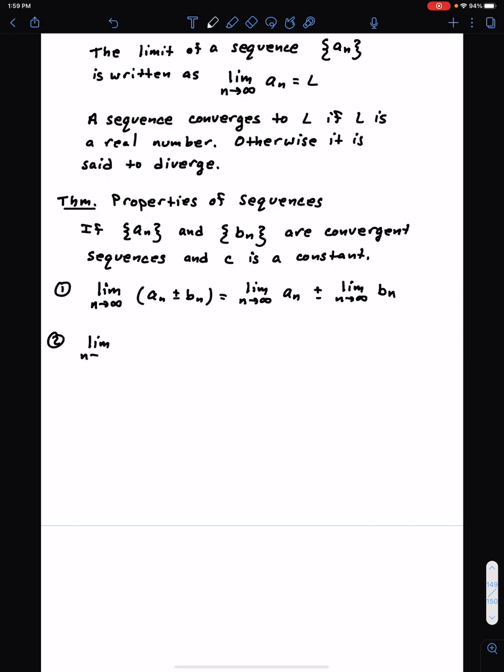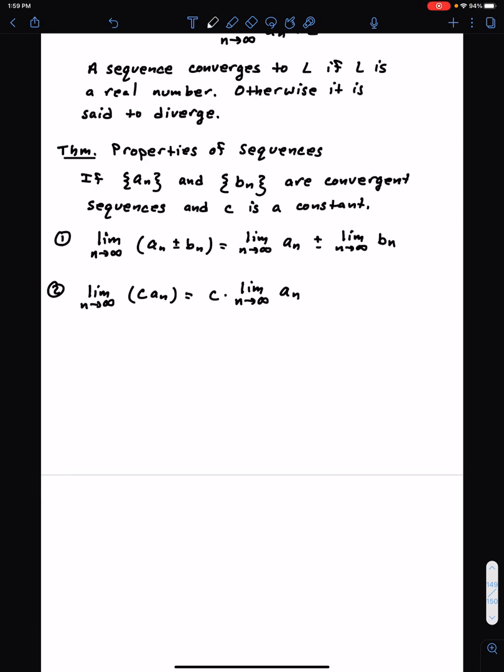The limit as n approaches infinity of c times a sub n is equal to c times the limit as n approaches infinity of a sub n.